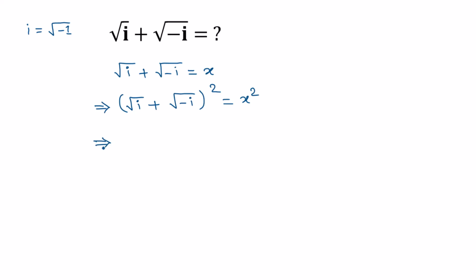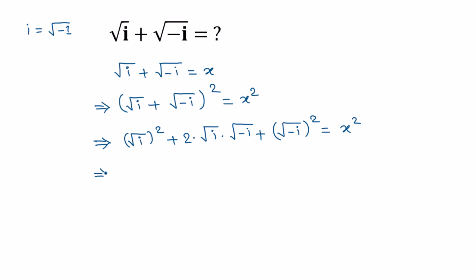Now applying the formula a plus b whole square is equal to a square plus 2ab plus b square, we can write square root of i whole square as a square, plus 2 times ab, that means square root of i times square root of negative i, plus square root of negative i whole square, and the right side is x square.